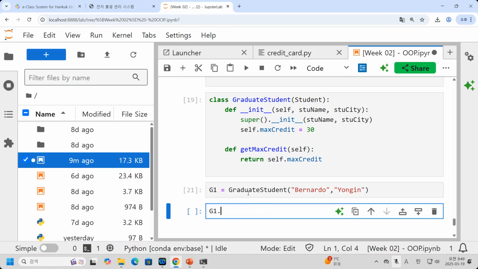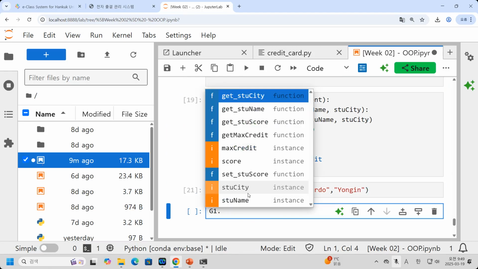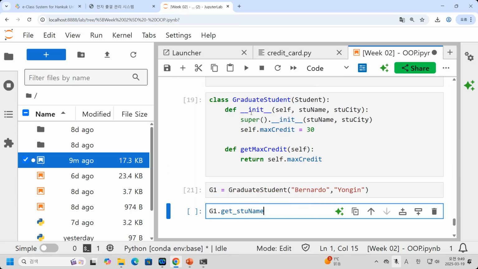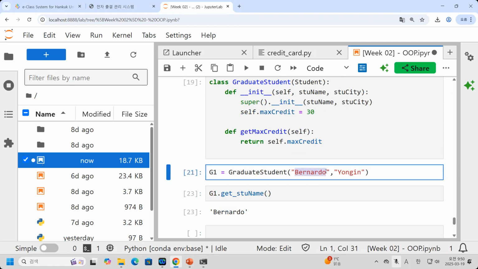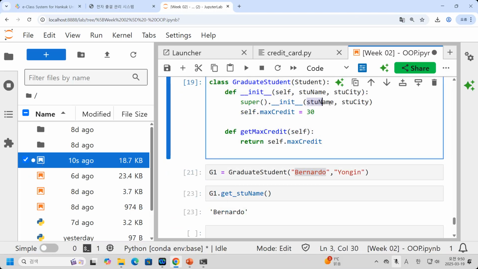So for G1, I can do get student name. The student name is Bernard. Why? Because this is the student name, even though in the graduate student there is no get student name.